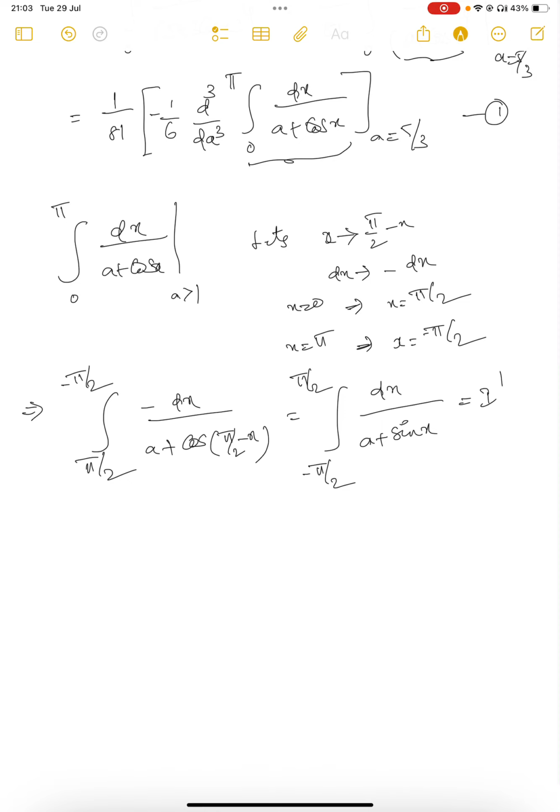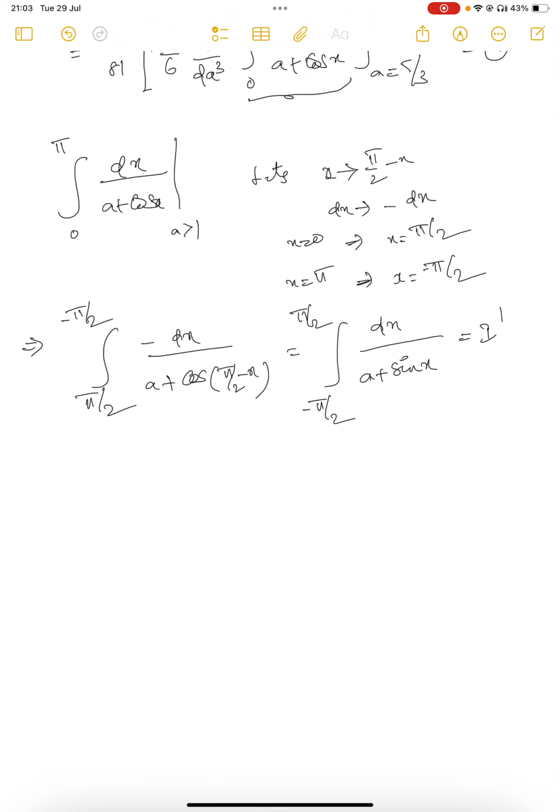Let us assume it as I prime. Then I prime is the integral minus pi by 2 to pi by 2 dx by a plus sin x. As you know, integral a to b f of x dx, you can write as f of a plus b minus x dx.